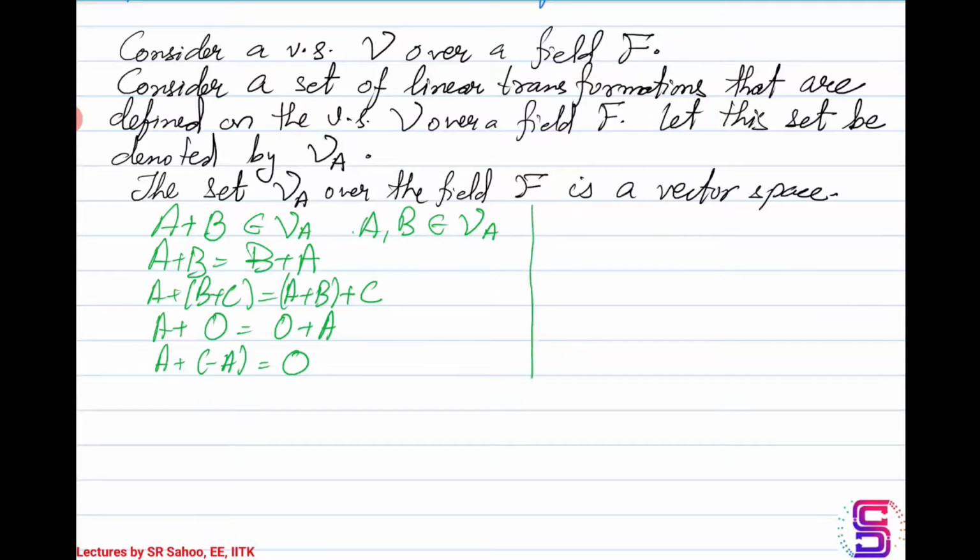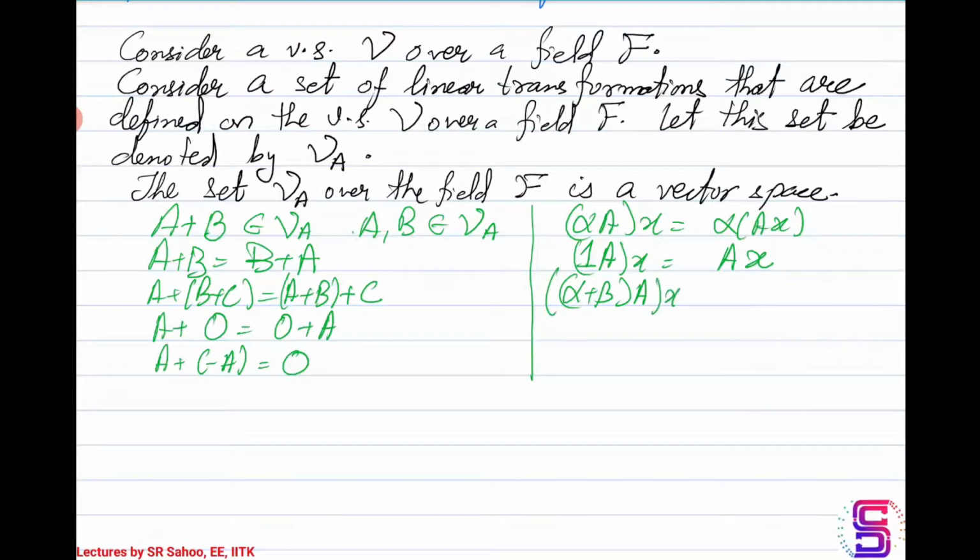Along with it, if you take scalars, you have the scalar-related properties, then the distributive properties, and finally the distributive property over the vector addition.